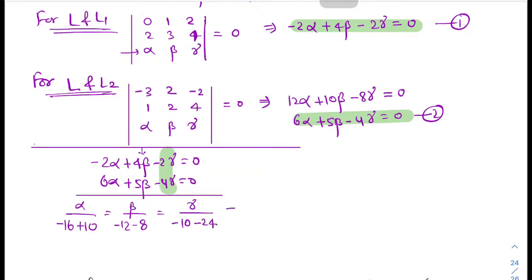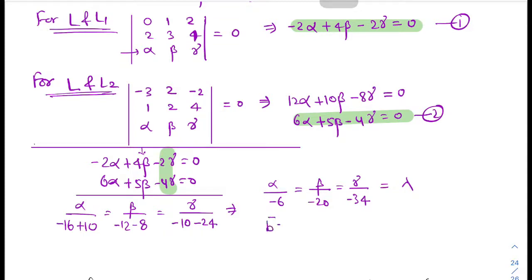Okay, so finally we have alpha upon minus 6 equal to beta upon minus 20 equal to gamma upon minus 34. If I call these fractions, let us say, lambda, then alpha will be minus 6 lambda, beta will be minus 20 lambda, and gamma will be minus 34 lambda.